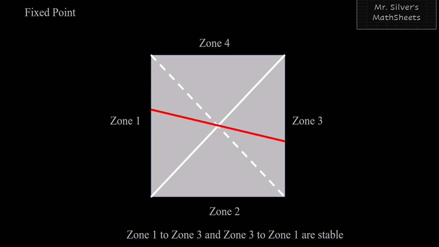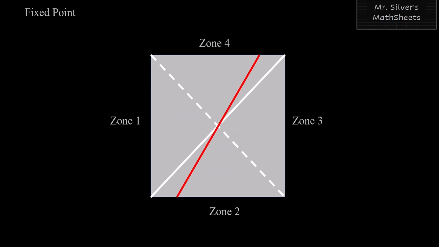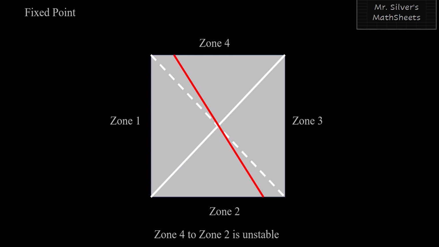Unstable versions go from zone 2 to zone 4, or from zone 4 to zone 2. Or actually from zone 2 to anything, zone 4 to anything.